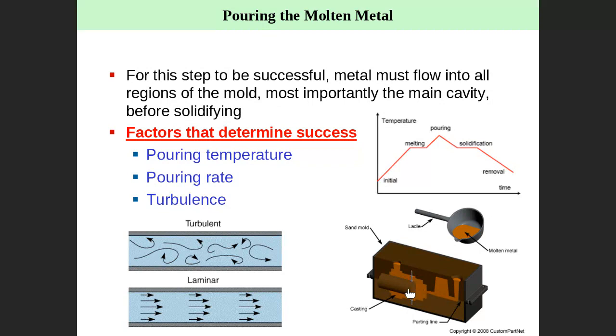It's not complete. So I must be sure that the liquid will fill the cavity perfectly, so later on, when I destroy the mold and take the part out, it will be complete. So what are the factors that determine success? The first one is the pouring temperature.